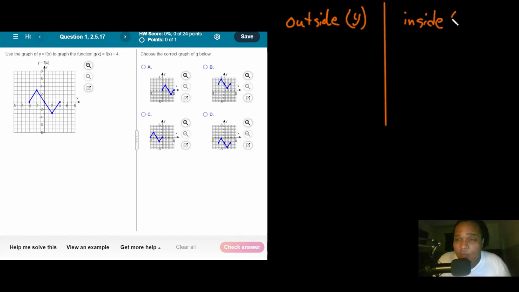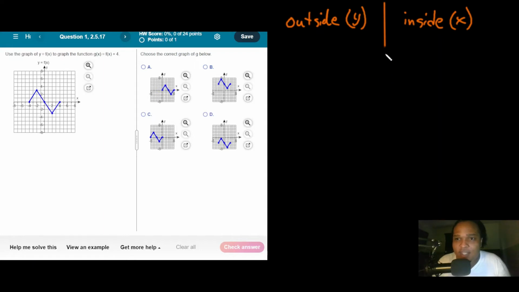And the inside will change your x. It can be anything from translations, like adding and subtracting, multiplying, even dividing, which, multiplication is technically division, right? If you can master this concept, that the outside changes your y and the inside changes your x, you'll be golden.